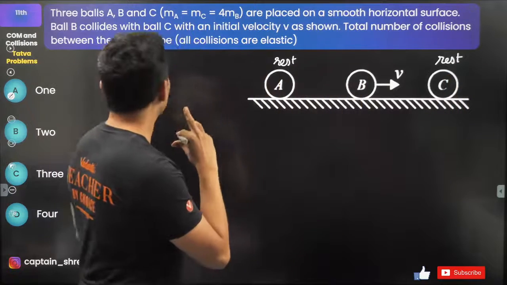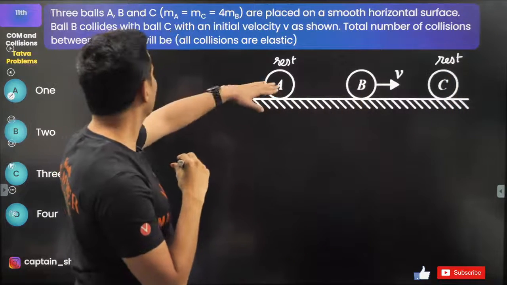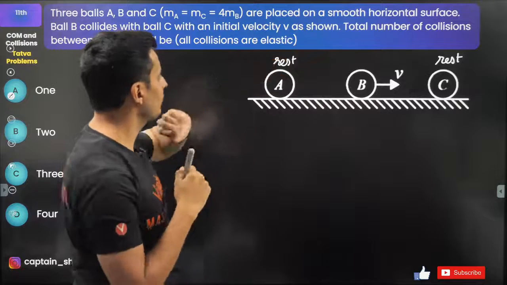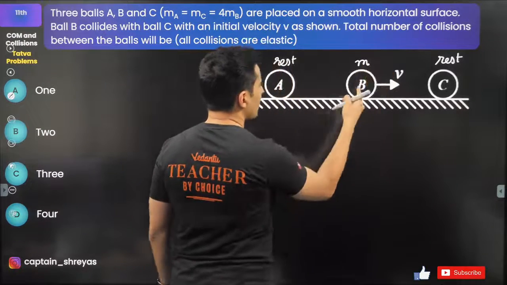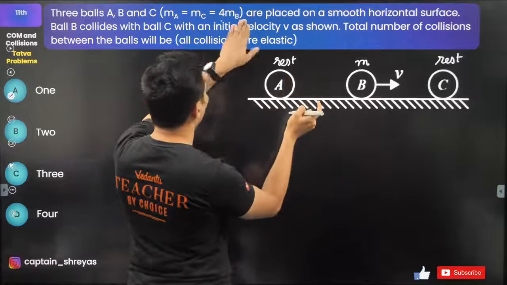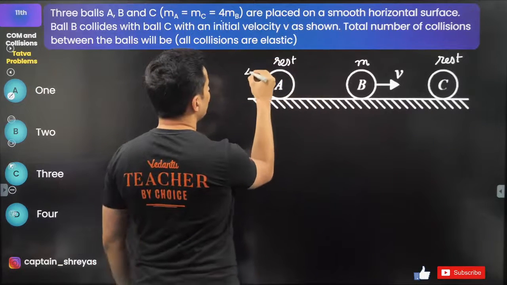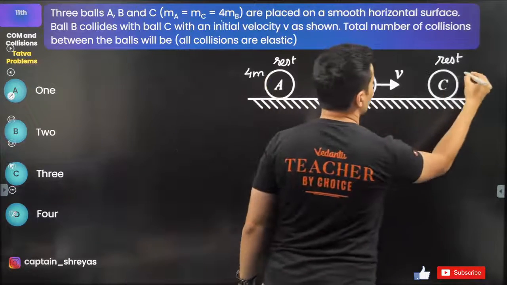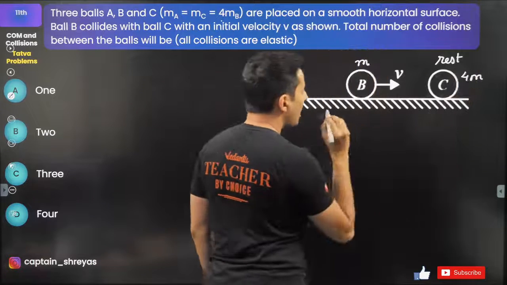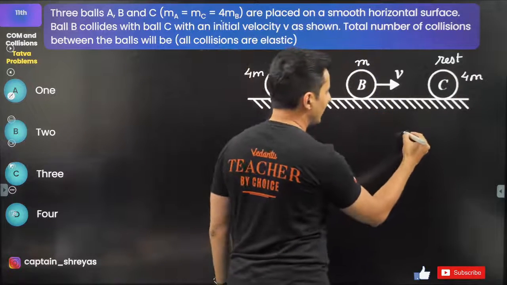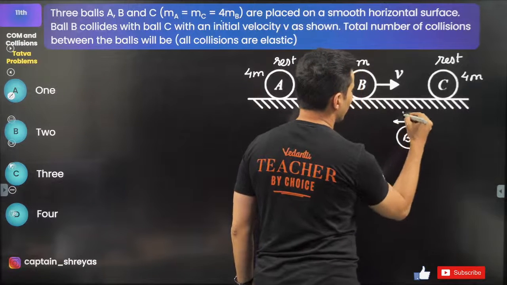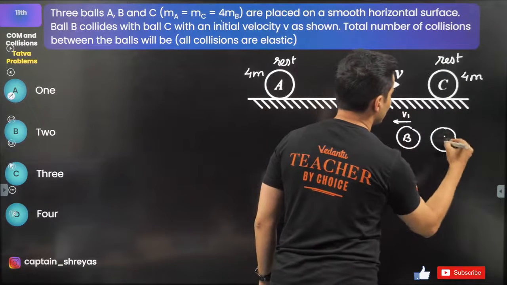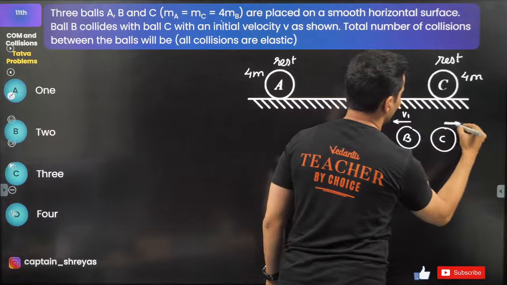Now the masses MA is equal to MC is equal to 4 times the mass of B. So if I assume the mass of B as M, then MA and MC are 4M each. After collision, maybe B gets some velocity over here and C will get some velocity over here.